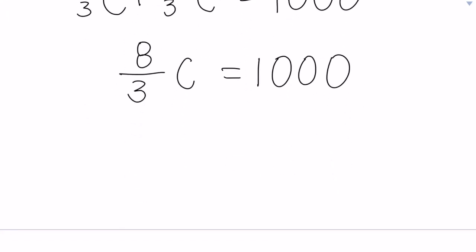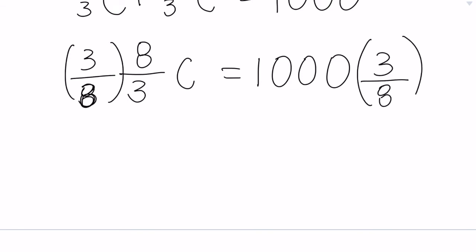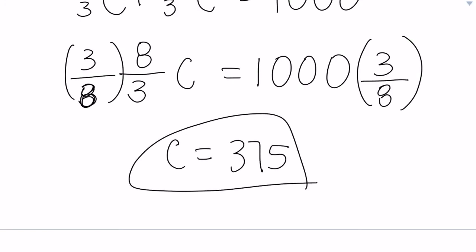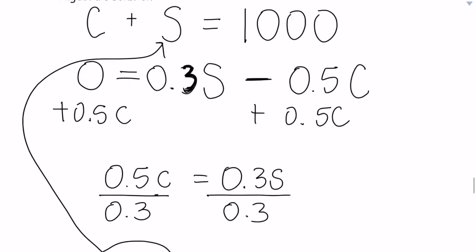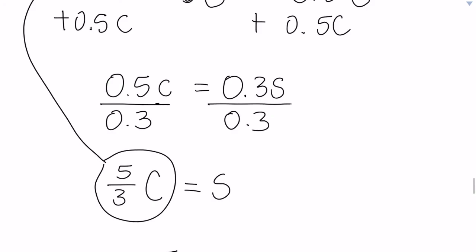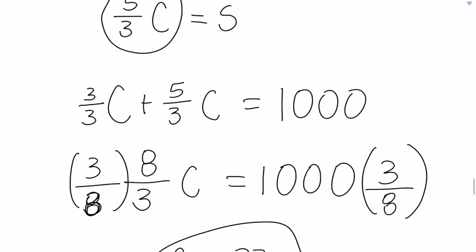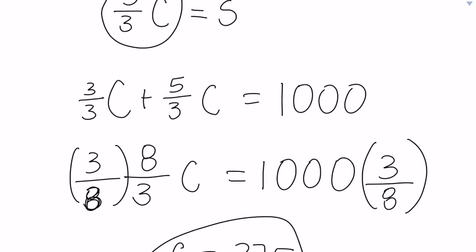And so if we multiply by our reciprocal, we end up with c equals 375, which is our equilibrium amount. This is just one way to solve it algebraically. There are others, and that is how you do this one.